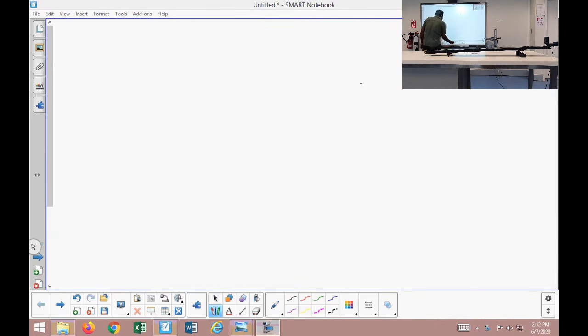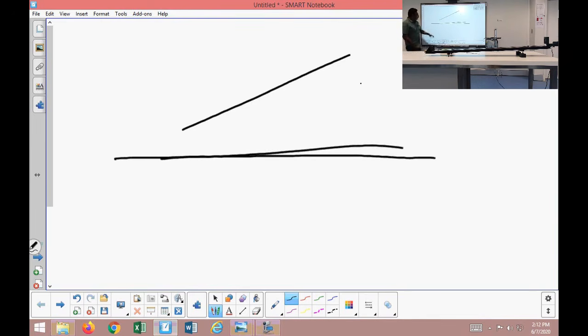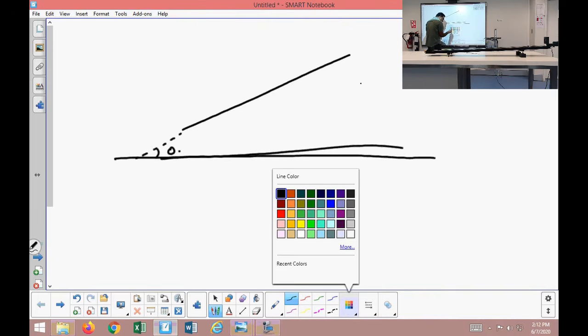Imagine this is the track, and of course this is the base, that means the tabletop. If you want to know the angle of inclination, you need to extend it, right? So this is the angle of inclination, but it's not so easy to measure. So I'm going to use a very simple mathematical method.